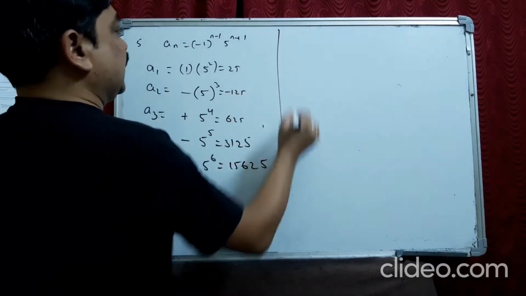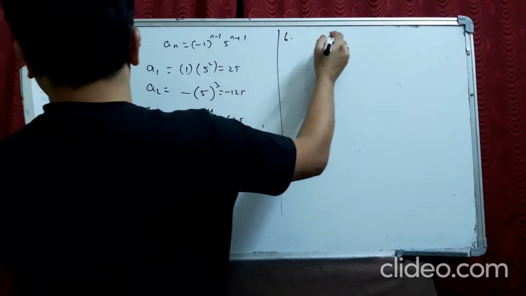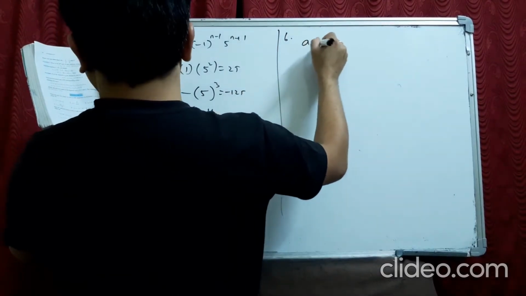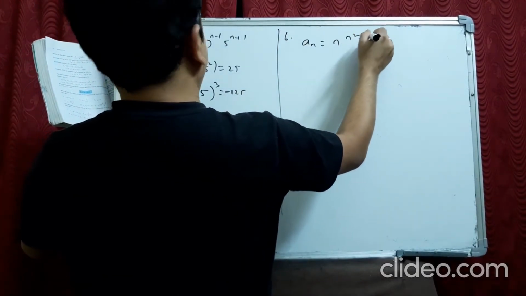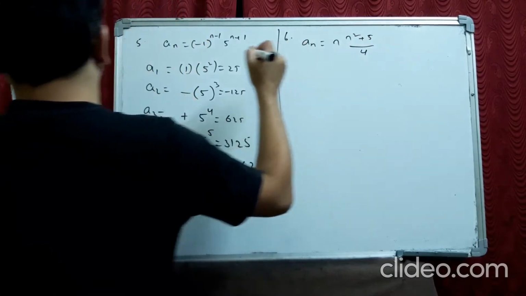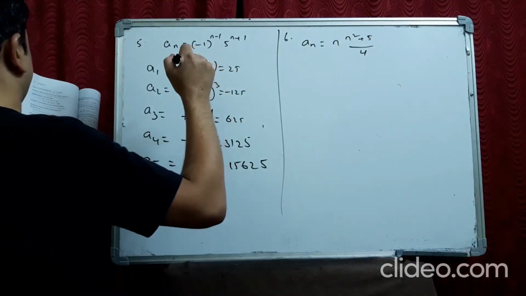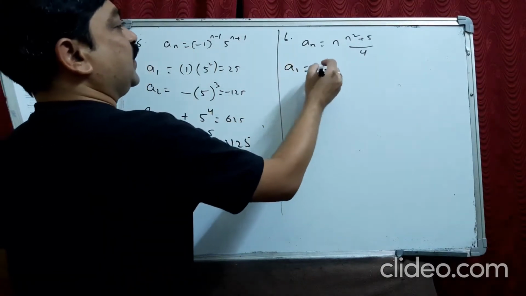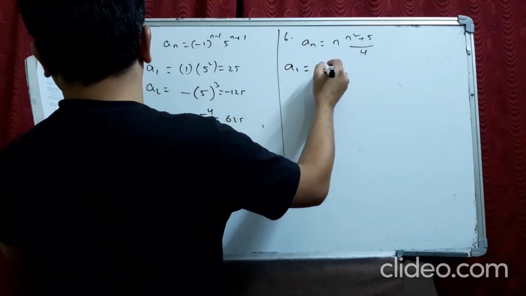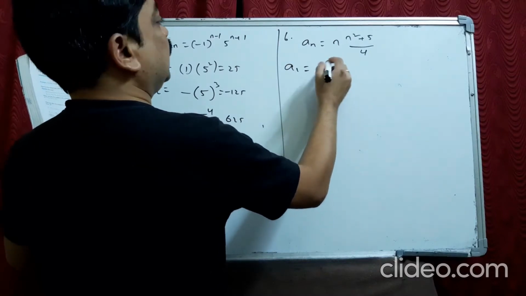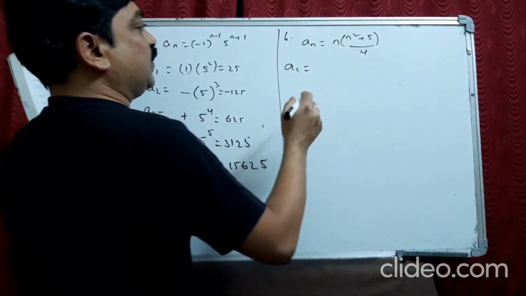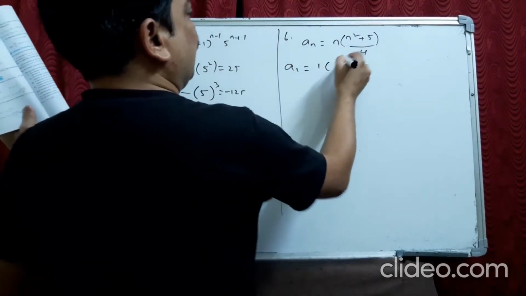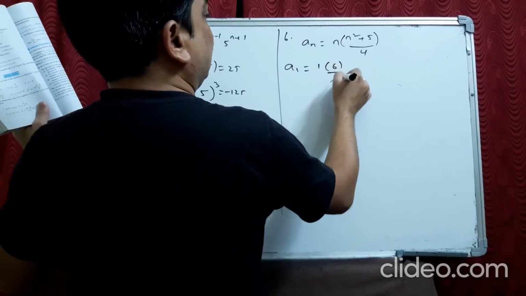So the sixth one, a_n is equal to n into (n square plus 5) by 4. So a1: 1 into (1 plus 5), 6 by 4, 3 by 2.